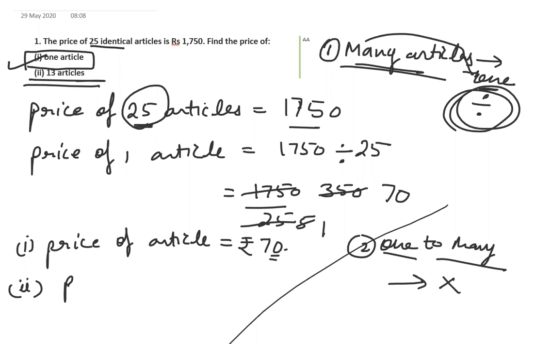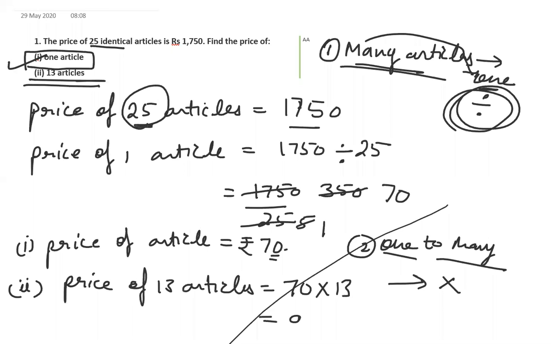So the price of 13 articles is equal to 70 into 13, 910 rupees. Is it clear? So the price of 13 articles is 910 rupees.